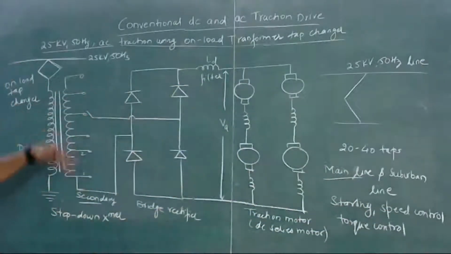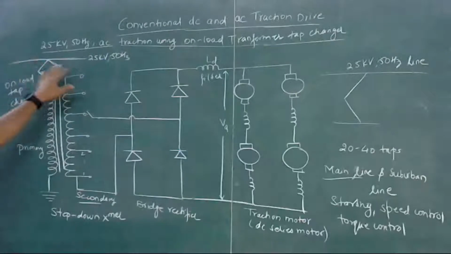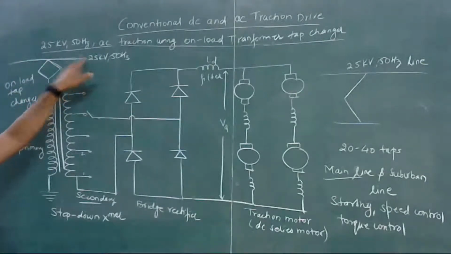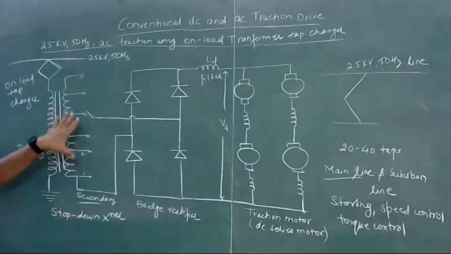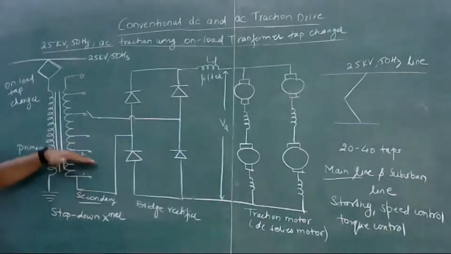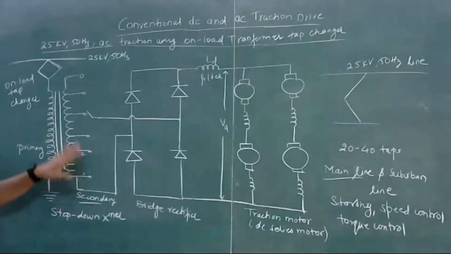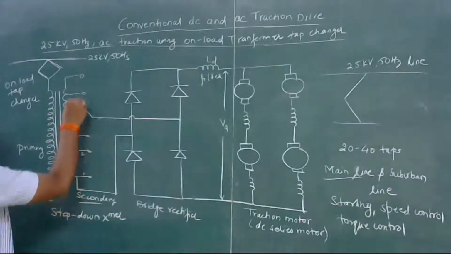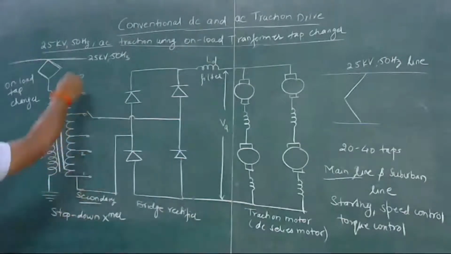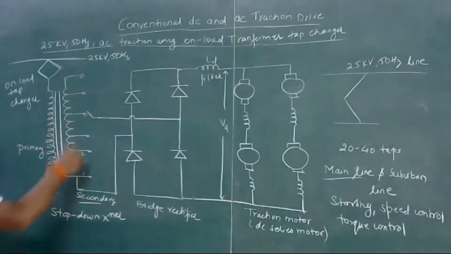This AC 25 kV high voltage is stepped down using this step down transformer, and the voltage can be varied on the secondary side by using these taps. Let's suppose this is at 0%, 10%, 20, 50, 60, and 100%. So you get the voltage correspondingly.